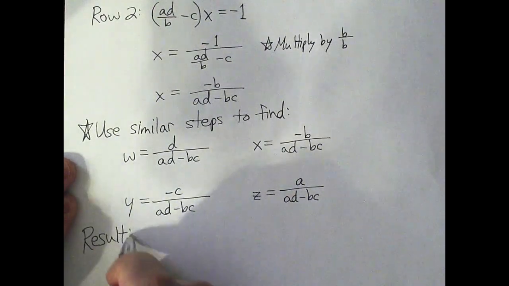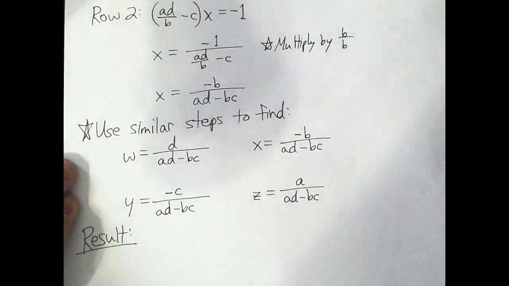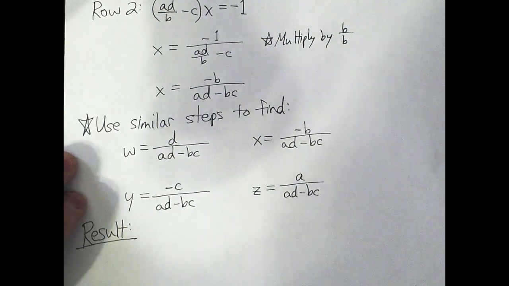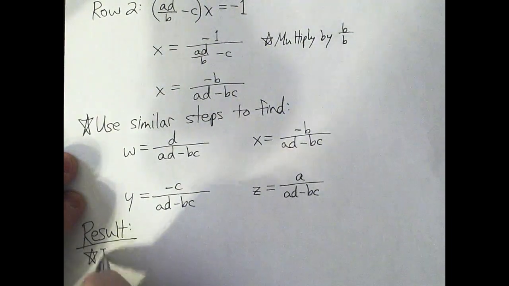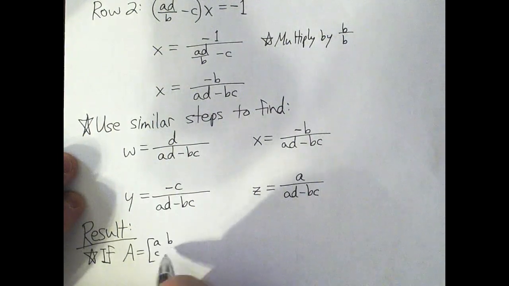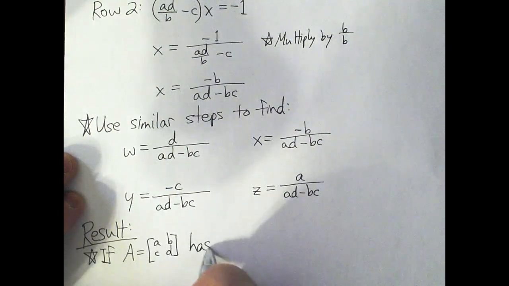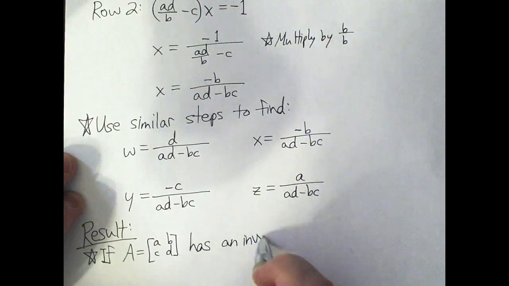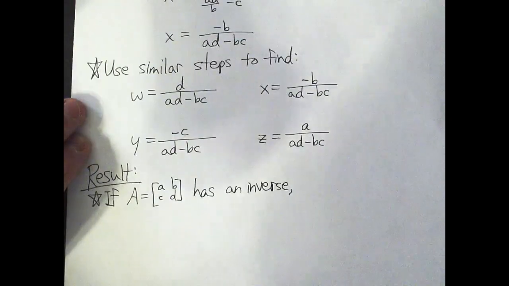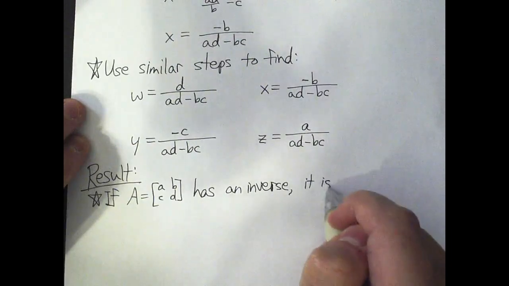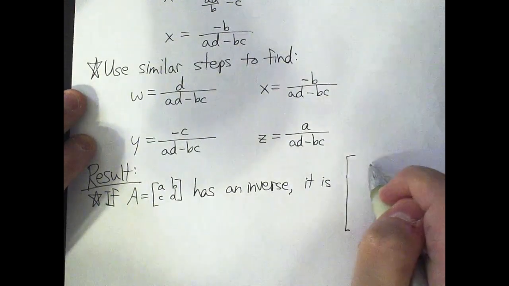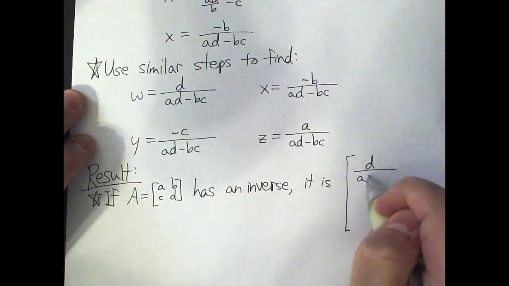Let's summarize this result, and let's see if we can find a more convenient way to write it instead of these 4 formulas. So result: if A equals A, B, C, D has an inverse, if there's an inverse, it is this matrix.